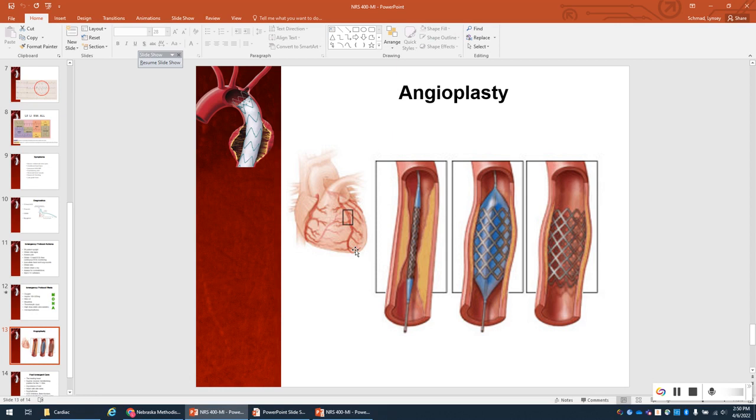They'll be on aspirin indefinitely, so taking an aspirin for the rest of their life. And then they will also receive Plavix as an antiplatelet therapy. If an angioplasty cannot be completed at the time of the catheterization, an emergent coronary artery bypass graft is required, which we will discuss later.